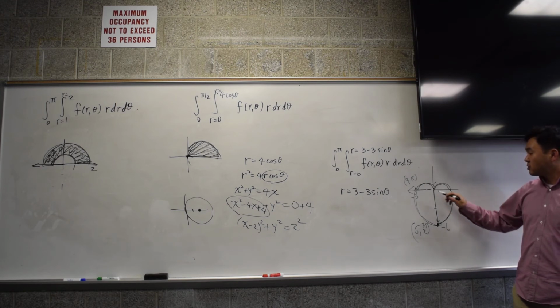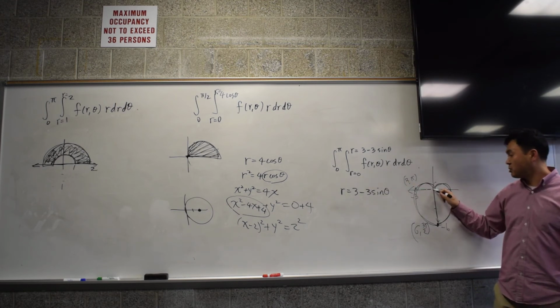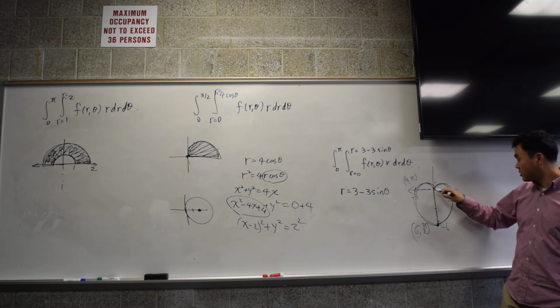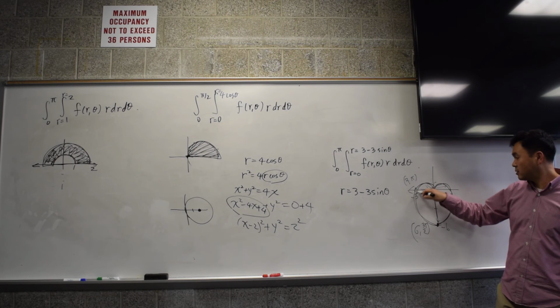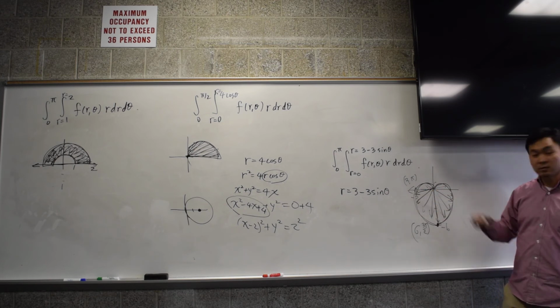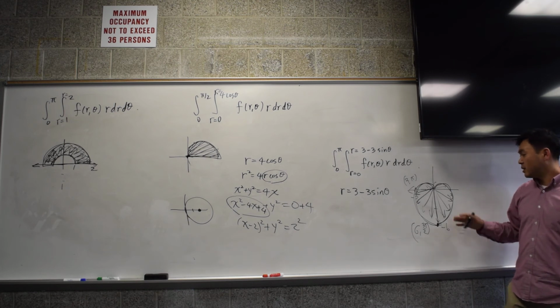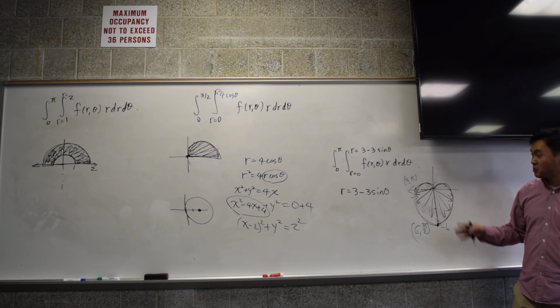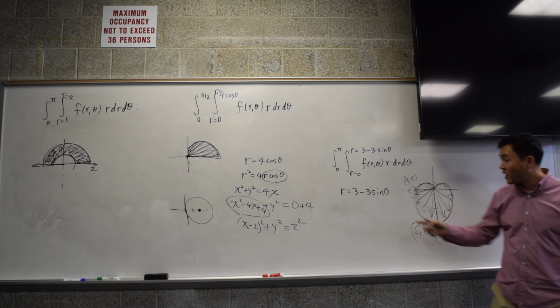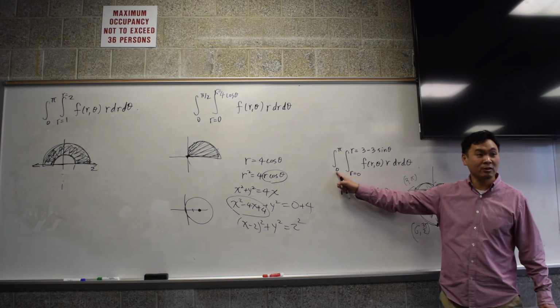And because you're starting at r equal to 0, r equal to 0 is the center, this origin, and you're trying to paint it this way. Just like that, right? And it looks like you're going to get the heart if you just went from 0 degrees to 360 degrees. However, that's not what we have. What do we have? 0 to pi.